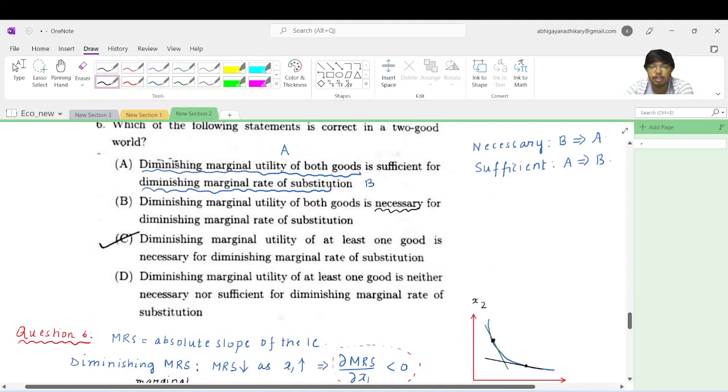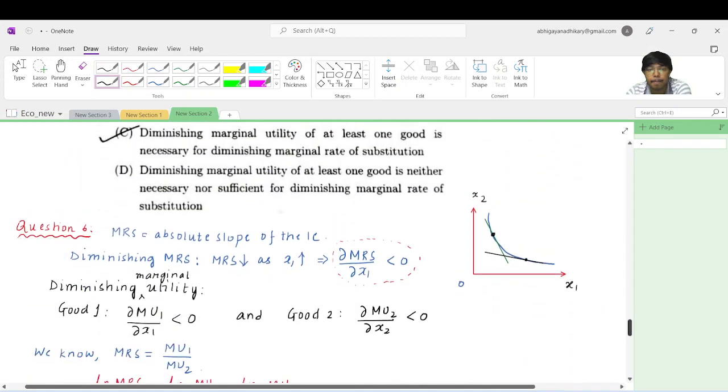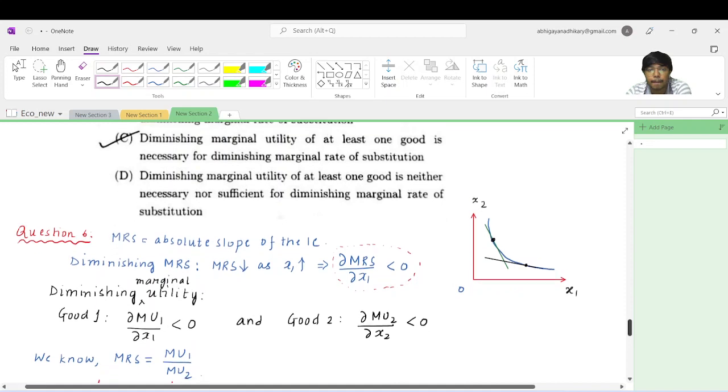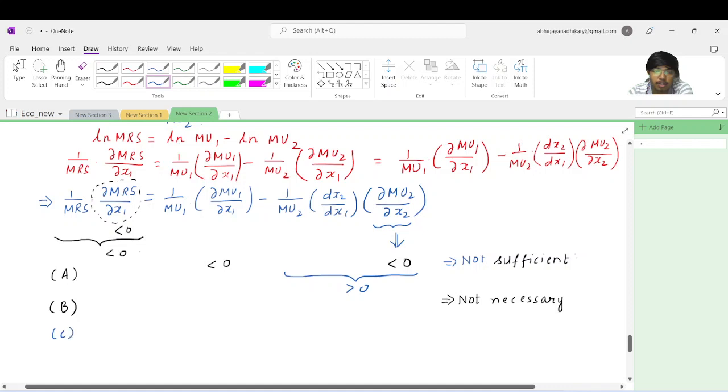Coming to the third one, diminishing marginal utility of at least one good is necessary for diminishing marginal rate of substitution. Now look over here. The part C is diminishing marginal utility of at least one good.